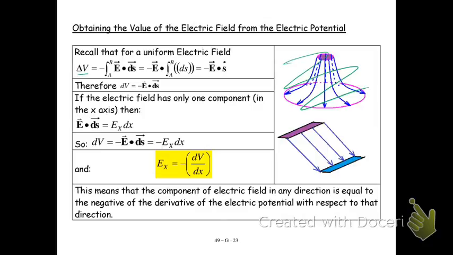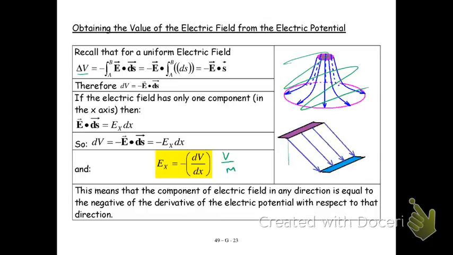If the electric field has only one component, say in the x direction, then E dotted with ds equals Ex times dx. My little bit of voltage is equal to minus Ex dx, so Ex, my electric field, equals minus dV by dx, which is volts per meter, and that's where that comes from.